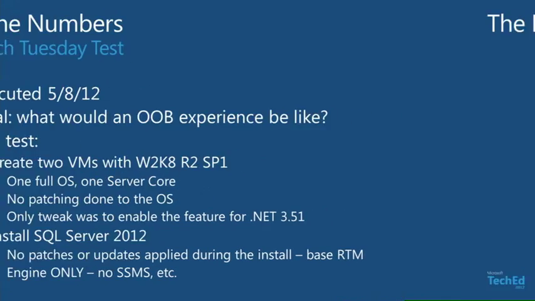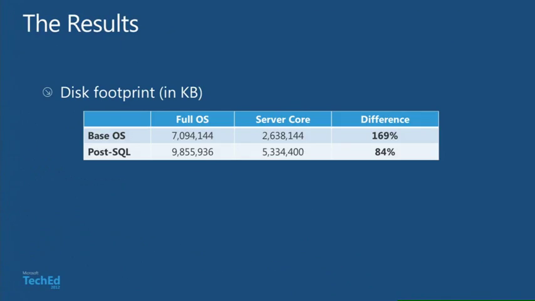Here's what he found. The disk footprint was dramatically smaller for the core OS. So you're going to save on storage costs by going with a core OS.